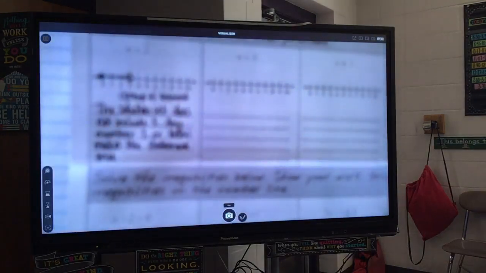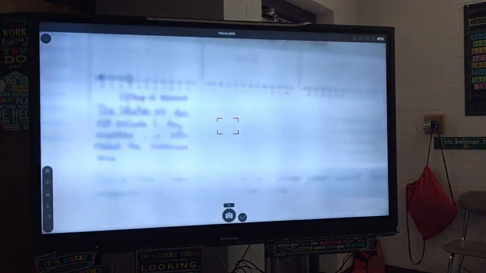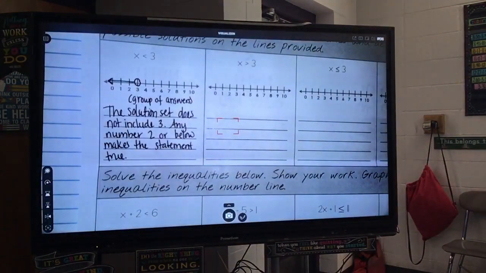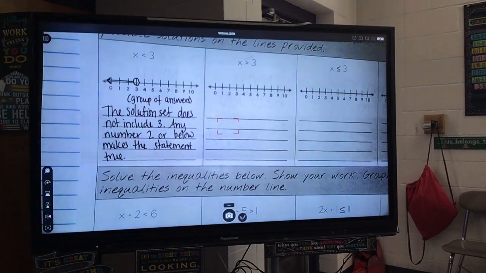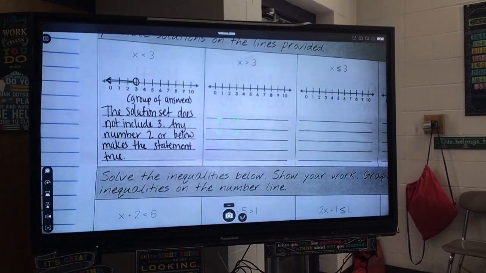Because you ultimately want to, focus please. You ultimately want to be able to plug in a number and make the statement true. So you always have to ask yourself, with your inequalities, is this statement true? So someone give me a number based off of what I wrote, the solution set does not include 3.